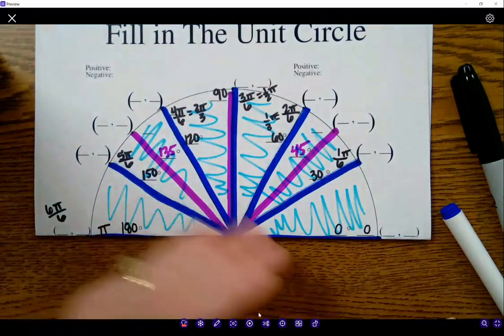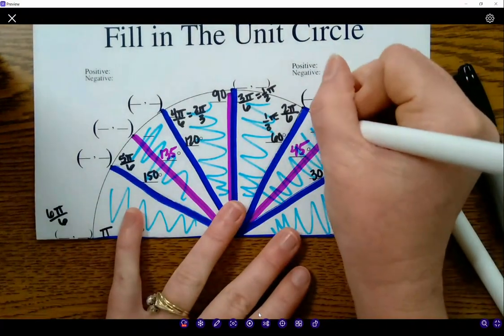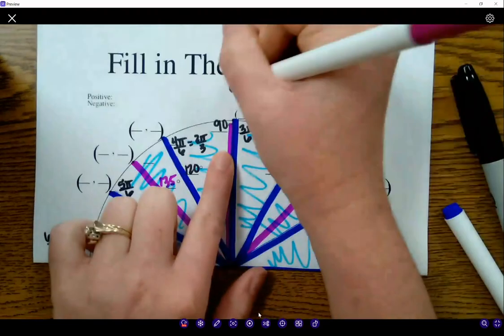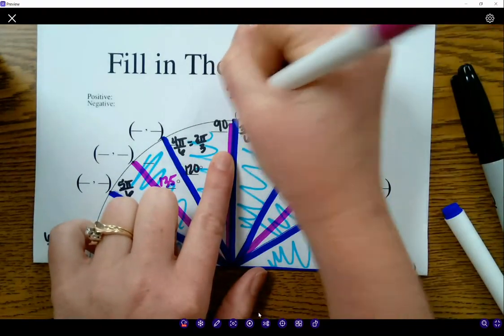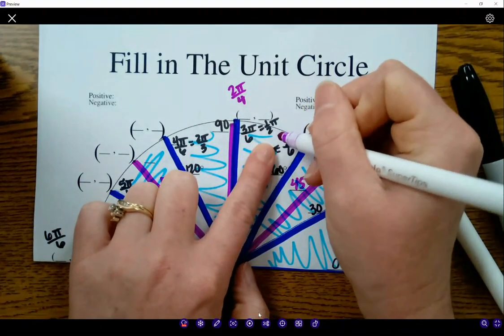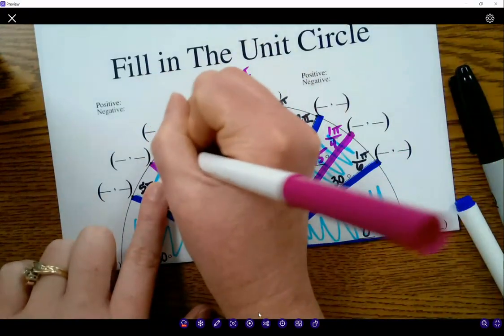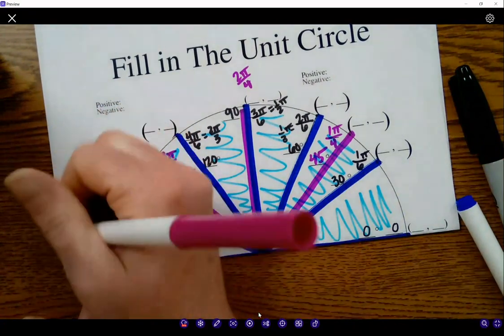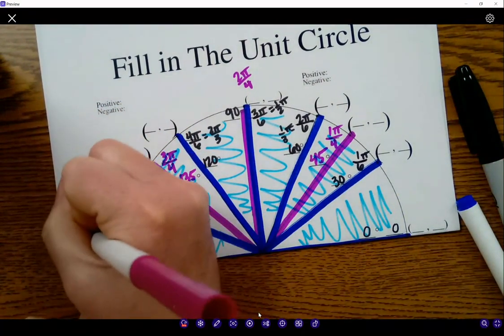So because of that, we can count up in terms of fourths. This is 1 pi over 4. This right here is 2 pi over 4, which is 1/2 pi. We've already got that. This is 3 pi over 4. This right here is 4 pi over 4.